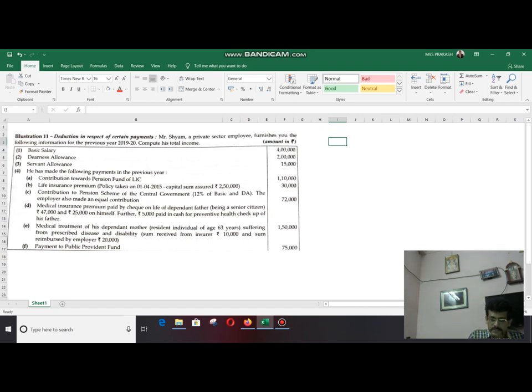Now let us try to solve the problem. What is it asking? Compute the total income. Computation of total income of Mr. Shyam for the assessment year 2020 is as follows.